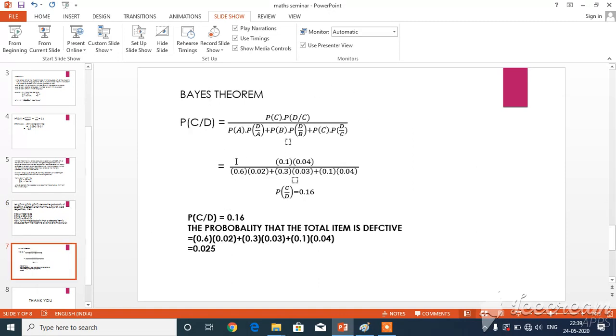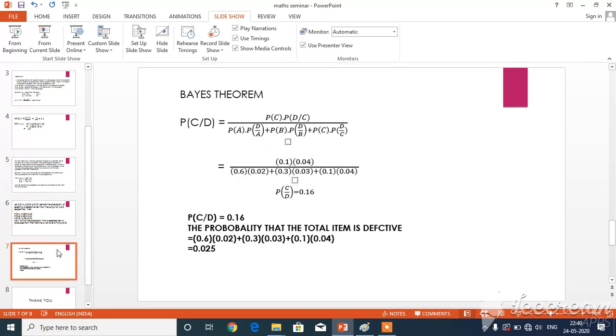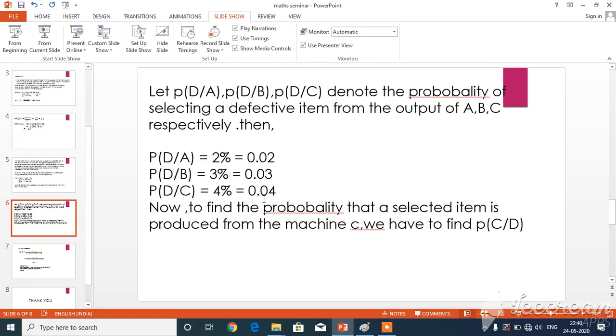It's Bayes theorem. P of C over D is P of C times P of D over C, divided by P of A times P of D over A, plus P of B times P of D over B, plus P of C times P of D over C. P of C is 0.1 and P of D over C is 0.04.